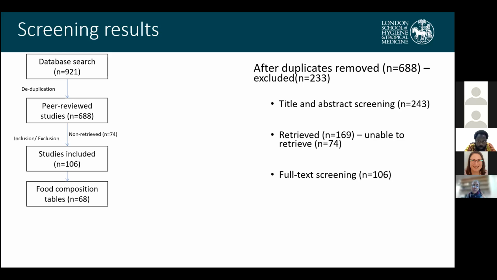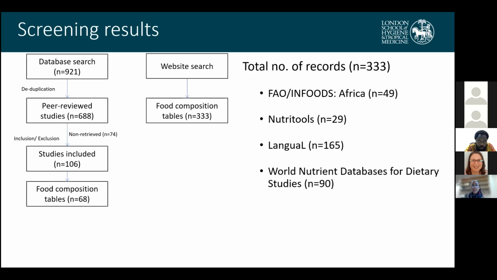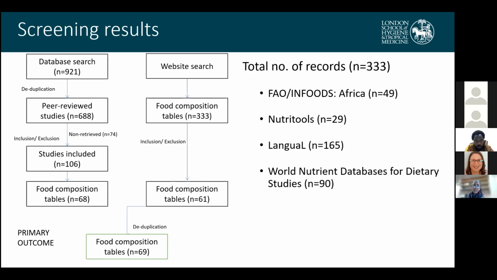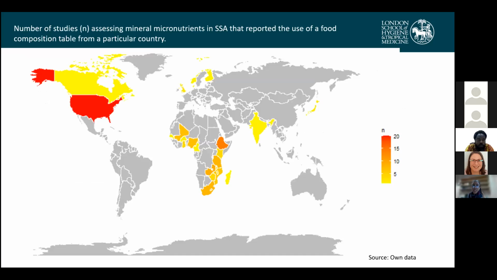And from those, we identified 68 unique food composition tables for the region. Then from the websites, we had 333, and after inclusion and exclusion, 61. And then in total, we identified 69 food composition tables for the region.